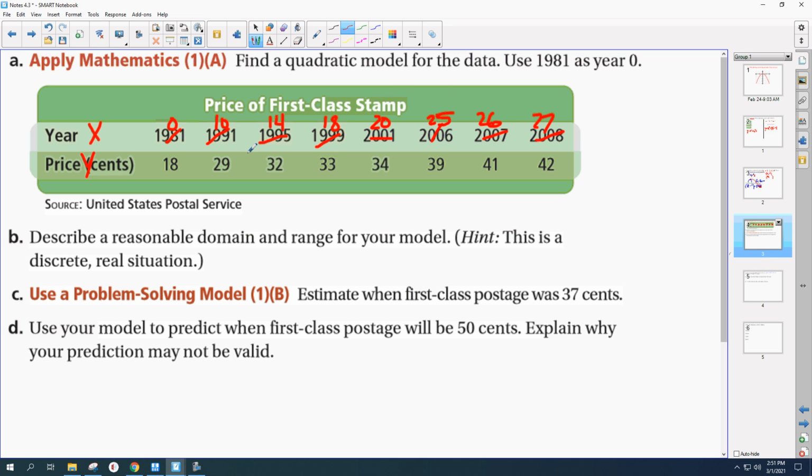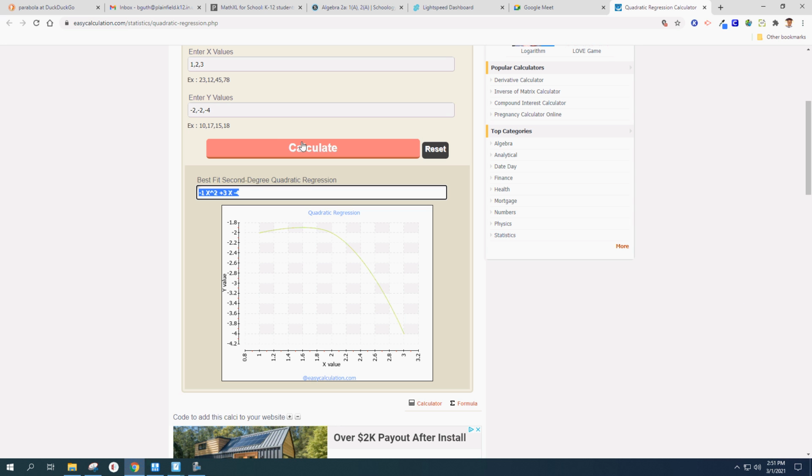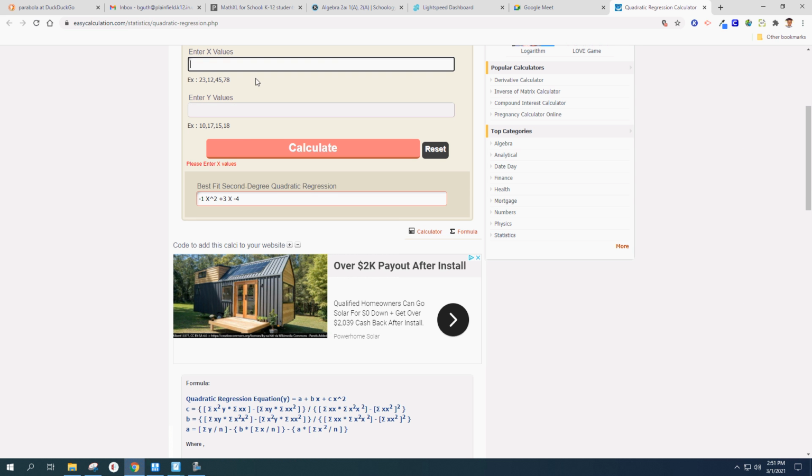So let's plug those numbers into our regression calculator. Your x numbers were 0, 10, 14, 18, 20, 25, 26, 27.